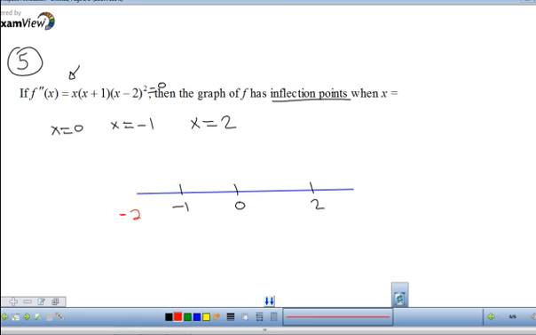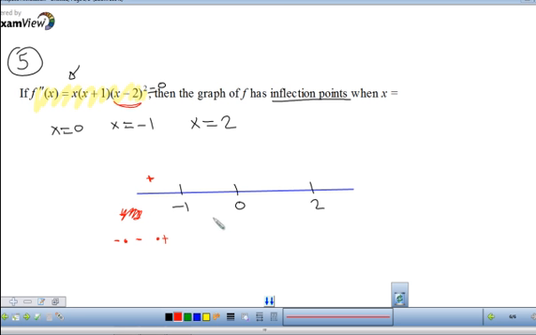Again, I'm substituting that into my second derivative and seeing whether it is positive or negative. No matter what I put here, since it's squared, that's always going to be positive. Then negative 2 plus 1 is negative. So negative times a negative is a positive. Remember, cross it off when you're done using it.